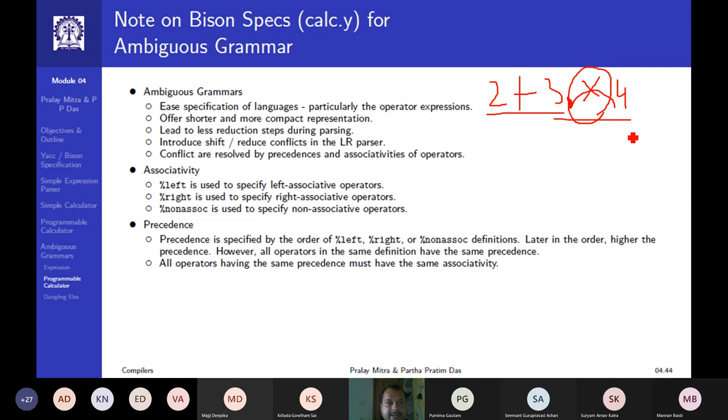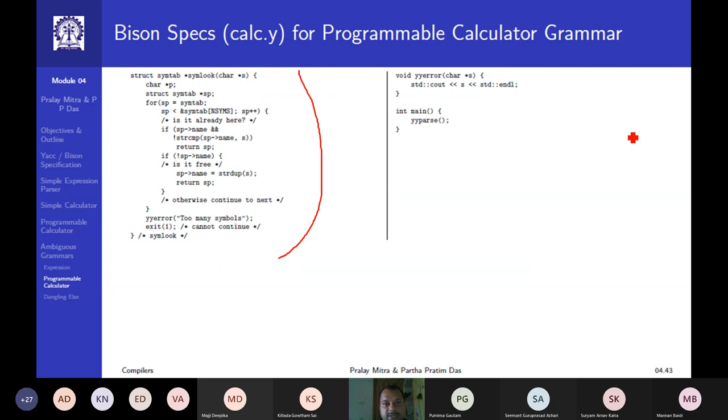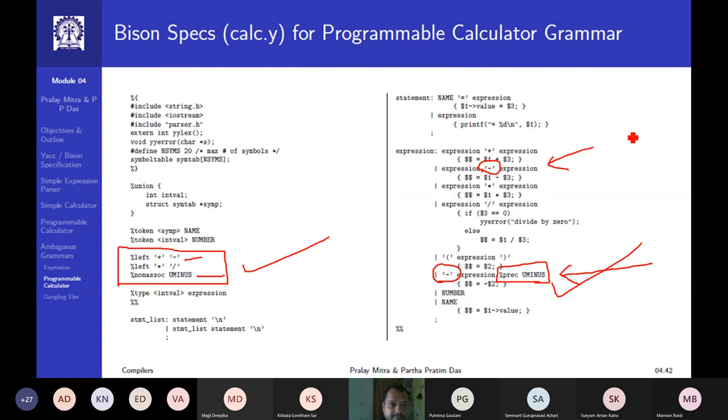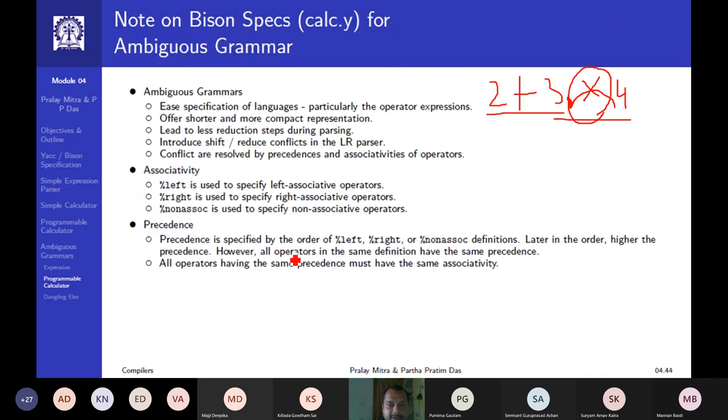Being Bison as an LALR(1), it also has some look ahead information, but apart from that one, when I see that okay, one multiplication and one addition is there, then quickly I will look at their precedence. That precedence information is provided here. Okay. Now going to that slide, using this precedence information, I will decide.